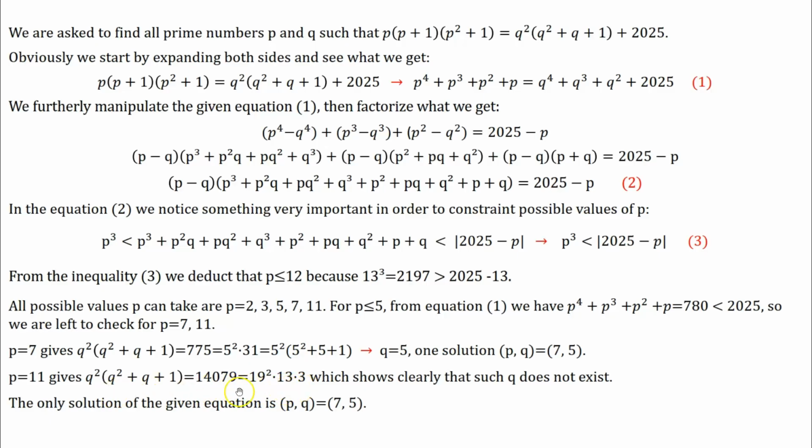We clearly see that we cannot have parity between the left-hand side and the right-hand side because we cannot further transform this expression. So we might deduce that q is equal to 19, but the other factor could not be equated to 13 times 3. So in this case, there is no solution to the given equation. So finally, the only solution of this problem is p and q equal to 7 and 5.